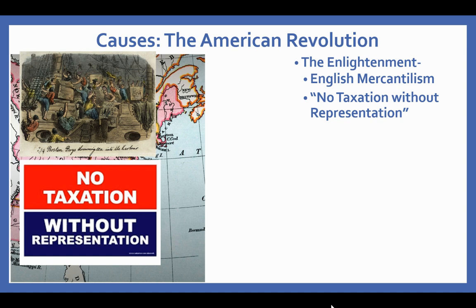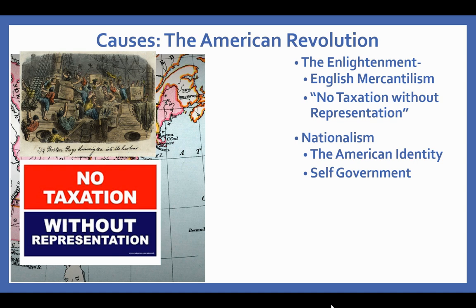Now, they felt that they were obligated to have this representation because they were British citizens. This combination of taxation and mercantilism without representation really began to split the American colonists from the British.